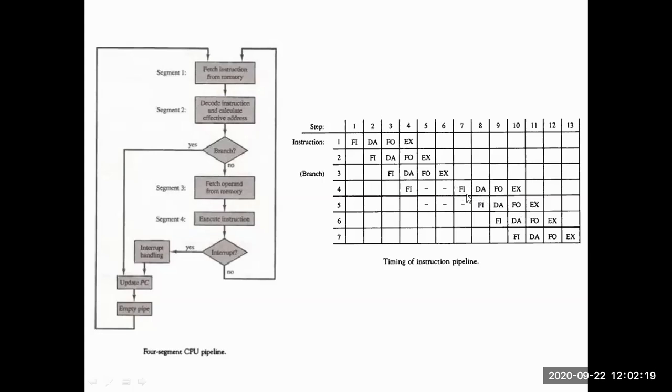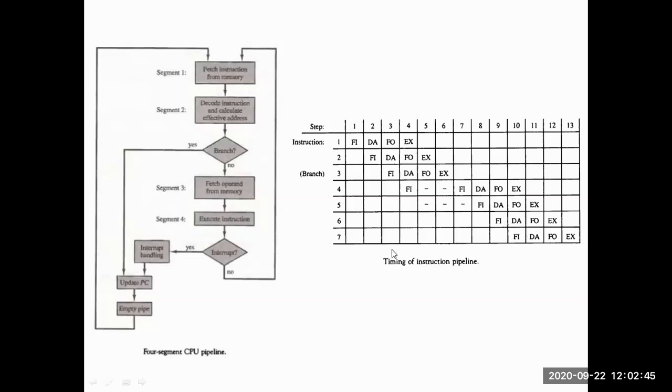So first we'll be fetching, then the next instruction will be fetched and the previous will be decoded, and so on. So this pattern will be very similar to like this here: FI DA FO EX, FI DA FO EX. These four will be repeated, fine, and we will continue.